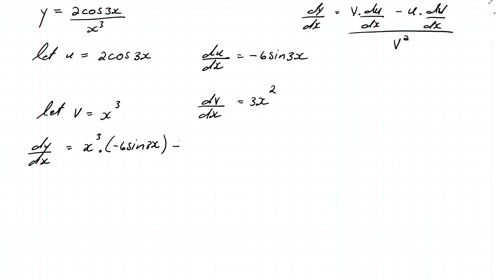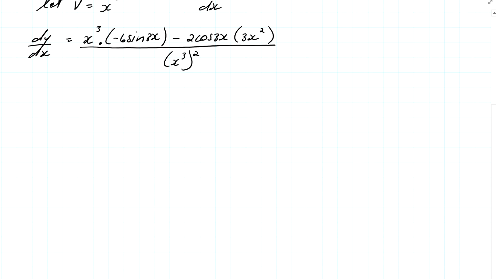Minus u, which is 2 cos 3x, times the derivative of v, which is 3x squared, and that's all over v squared, where v is equal to x cubed, and we square that.